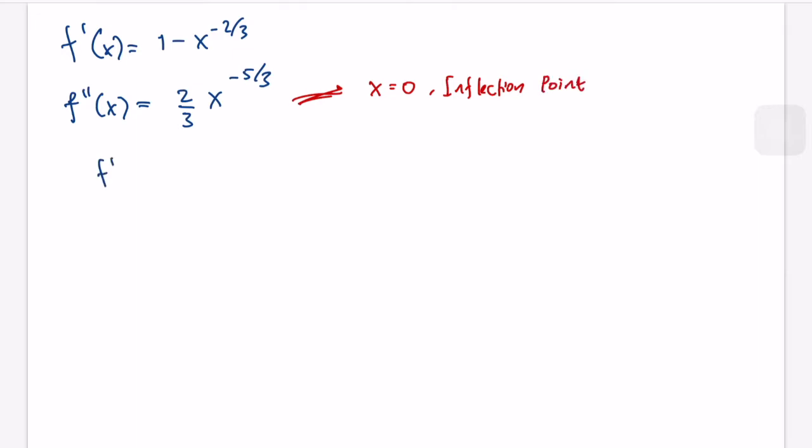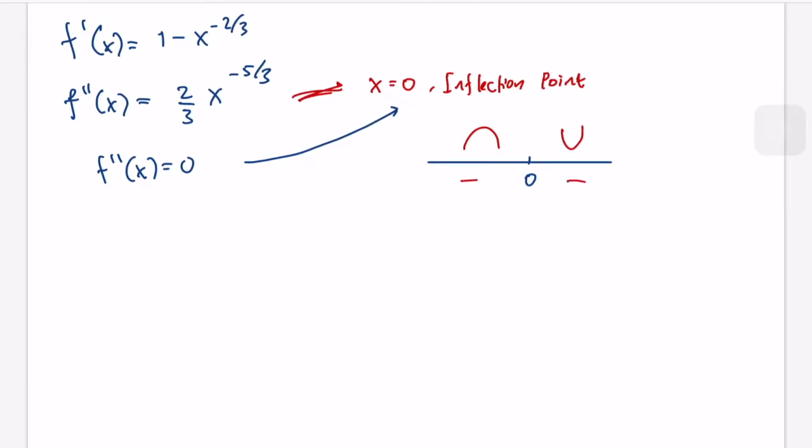Okay, so you need to check this, and you can get this conclusion from our number line here. When we have the negative x, it will be concave downwards, and this will be concave upwards, or this will be negative and positive, right?